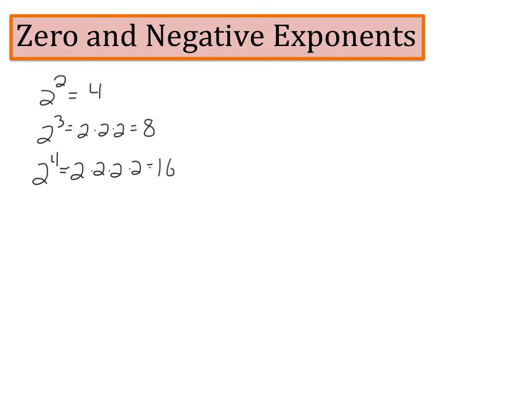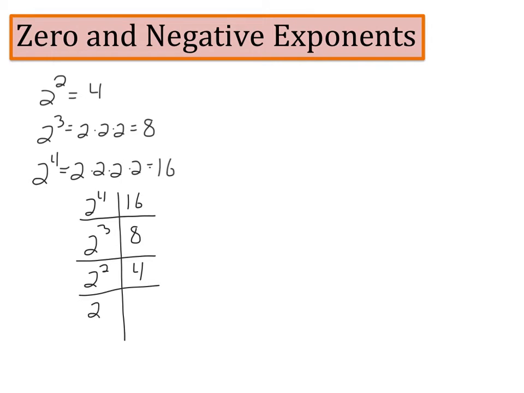Well, let's make a table and see what happens. If we raised 2 to the 4th, we got 16. If we raised 2 to the 3rd, we got 8. If we raised 2 to the 2, we got 4.